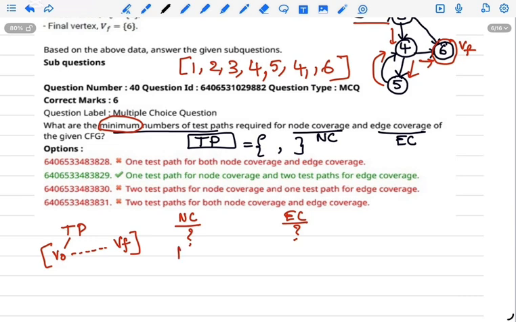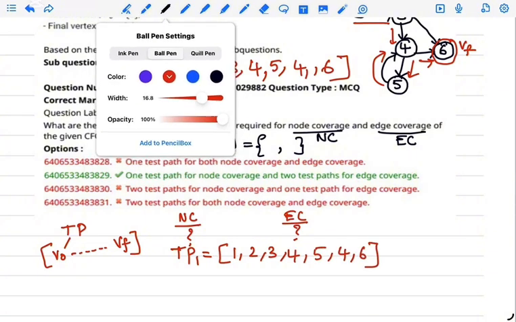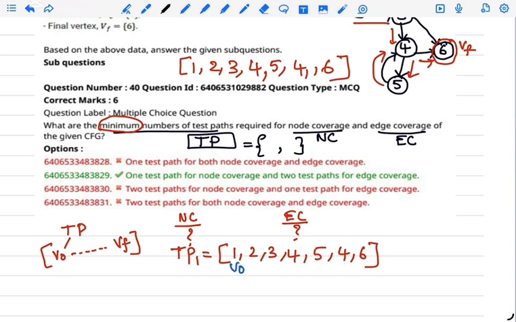So test path 1 is 1, 2, 3, 4, 5, 4 and 6. This test path starts with V0 and ends with VF. It covers all the nodes. That is, for node coverage, one test path is enough. So one test path is for the node coverage, option A or option B, not C and D. So you can select only one option from A and B, because it is one test path for the node coverage.